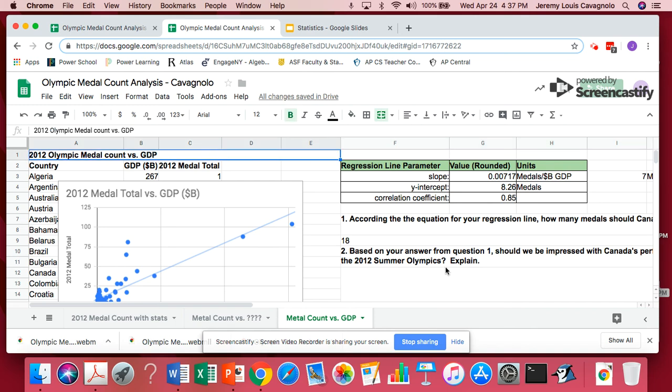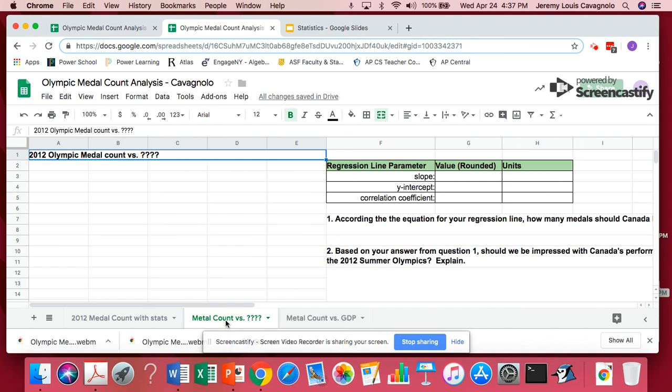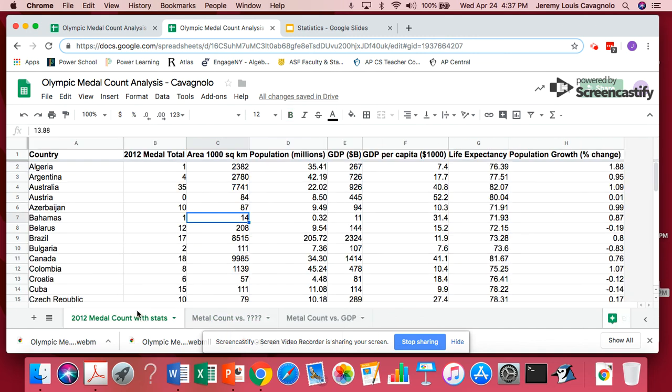And the rest of this assignment involves copying this template and doing the same analysis that we just did, but with different information: area, population, GDP per capita, life expectancy, and population growth.